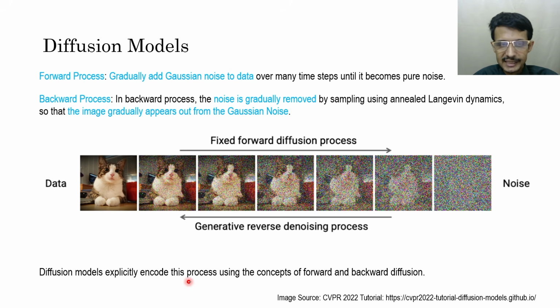So diffusion models explicitly encode this process using the concept of forward and backward. So this is, as a whole, the diffusion process.